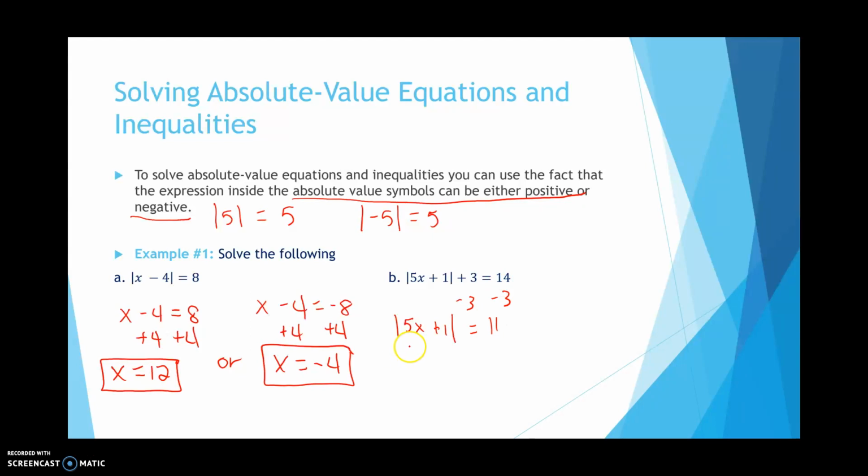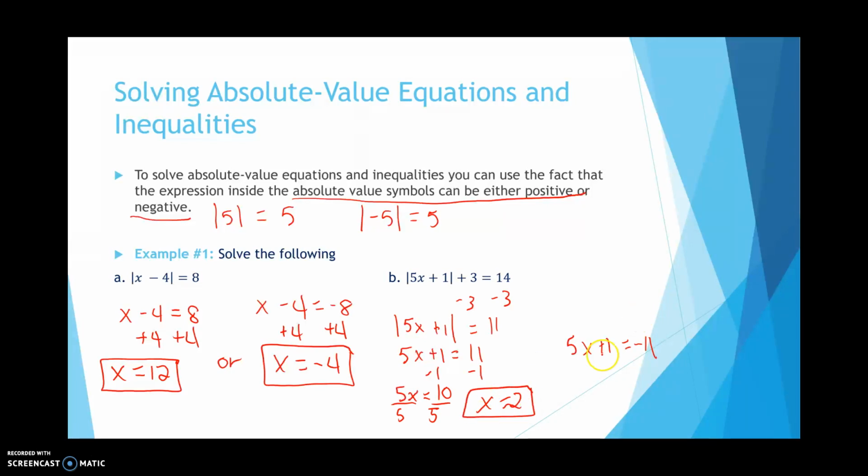So we're going to solve 5x plus 1 equals 11, and 5x plus 1 equals -11. I'll subtract 1 from both sides for the first situation, and we get 5x equals 10. Divide both sides by 5, and x is going to equal 2.